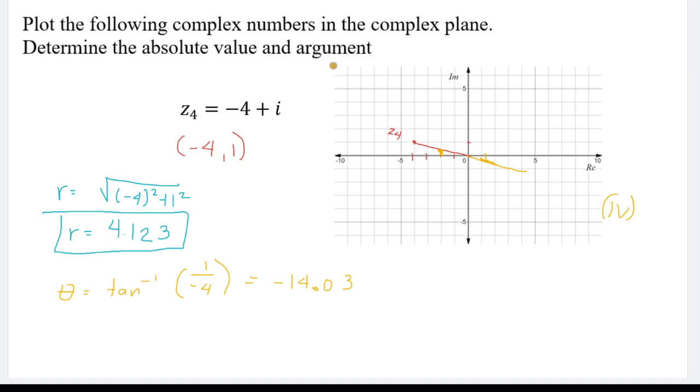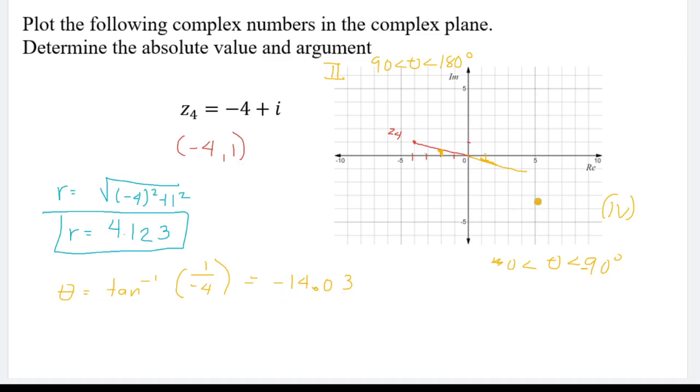Di ba nasa second quadrant? At kung nasa second quadrant, we expect na angle niyan is from 90 hanggang 180 degrees. Kaya lang, nakuha natin is negative 0 hanggang 90 degrees. Dito pumasok yung negative 90 degrees. Dito pumasok yung ating nakuhang sagot upon solving.